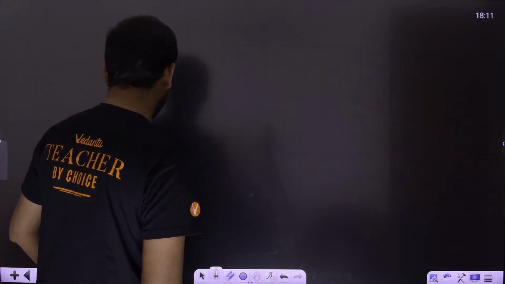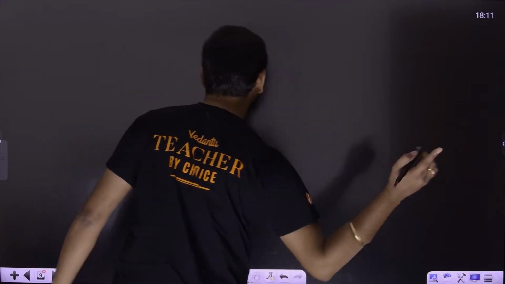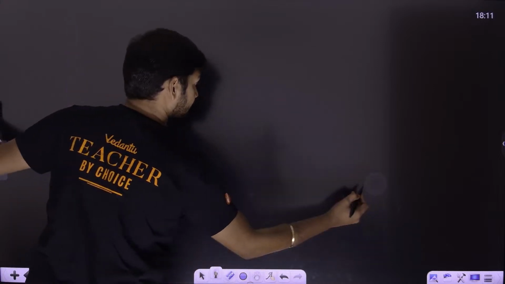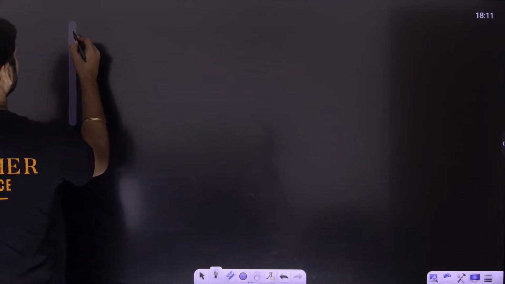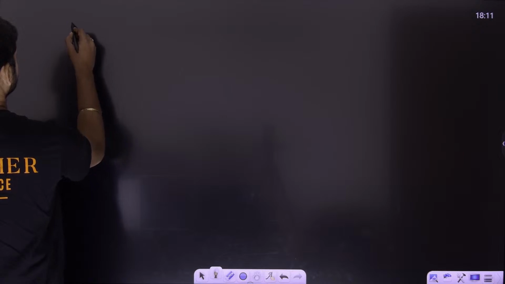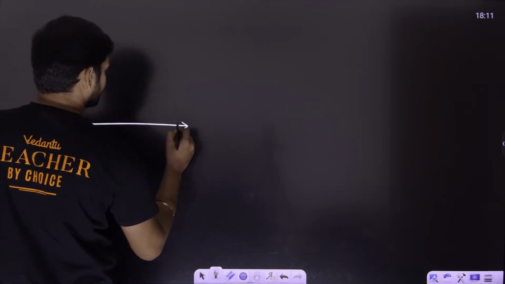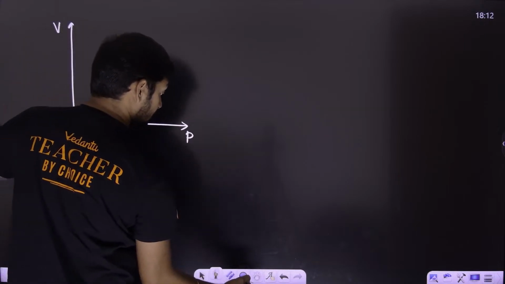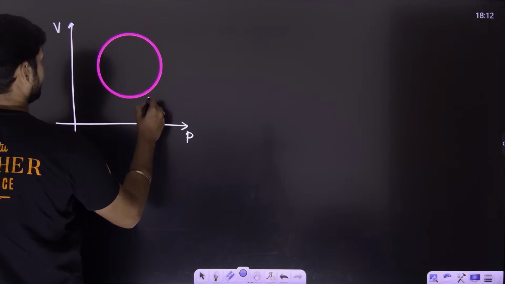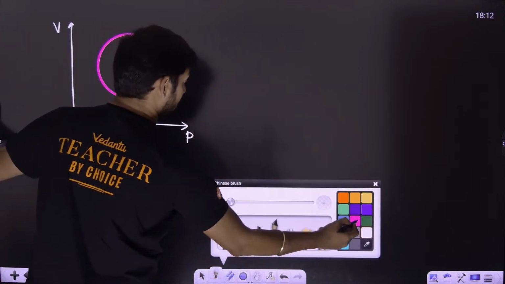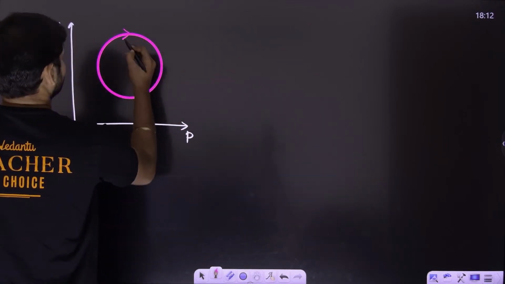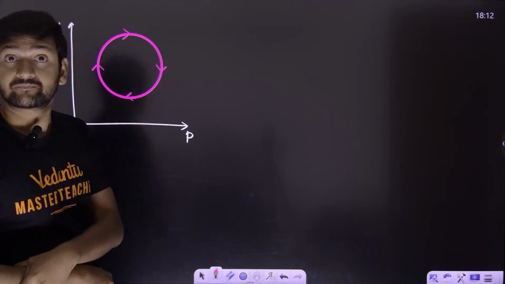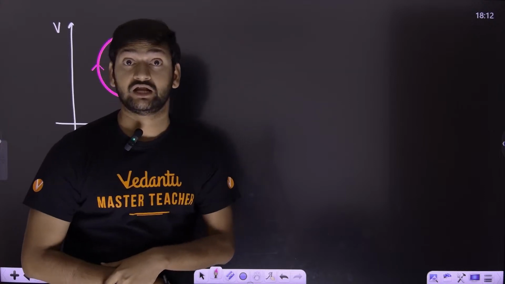Okay, fine. Now look, why I am asking you not to memorize anything is that, look man, we have V and we have P. Look, I have interchanged. See the very same clockwise thingy again, but I have interchanged the axes. Now you have to be very, very careful.